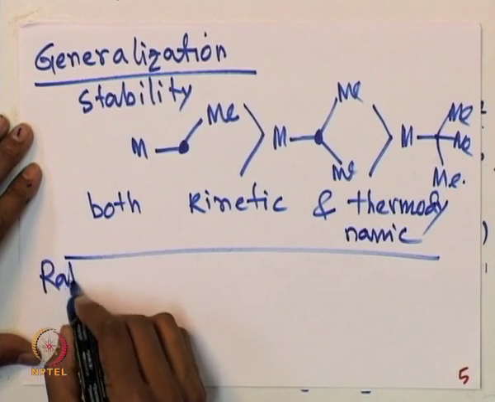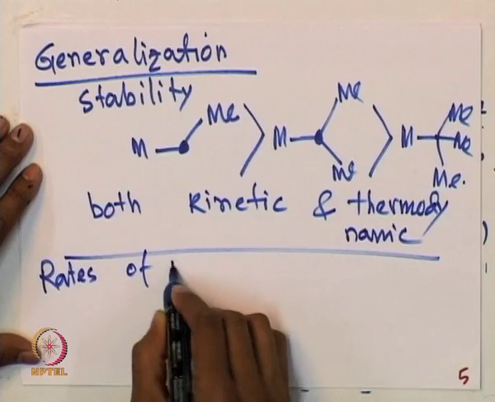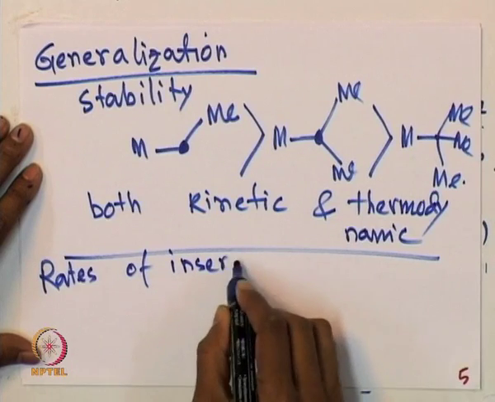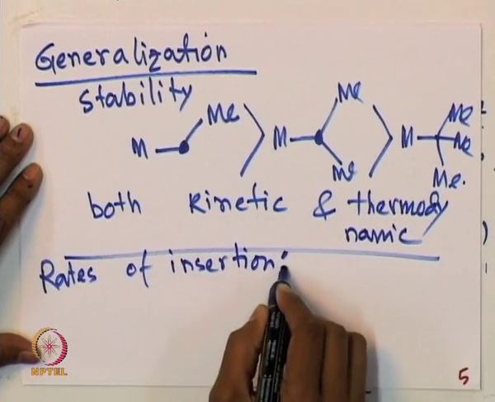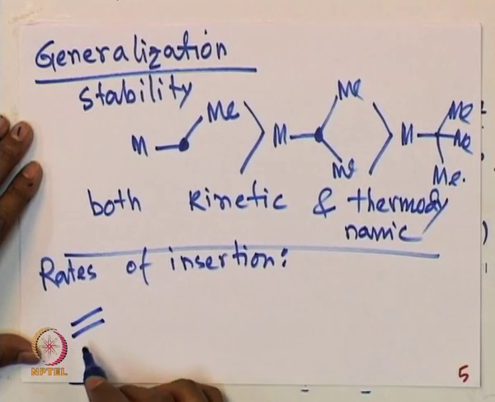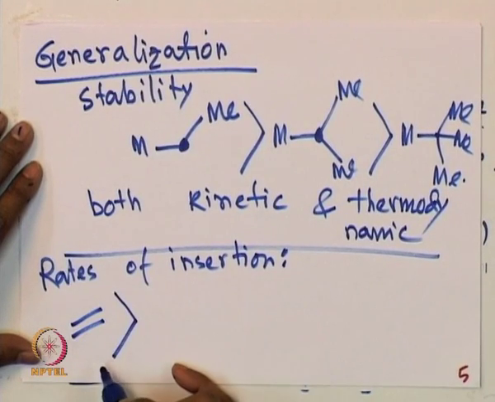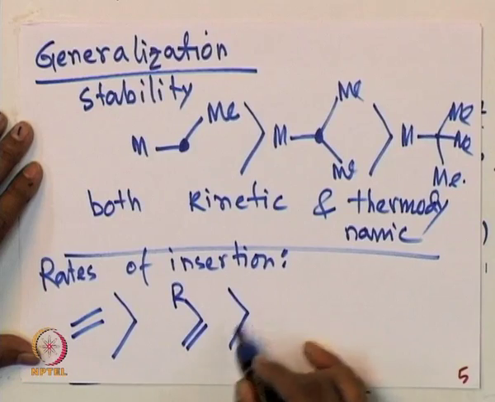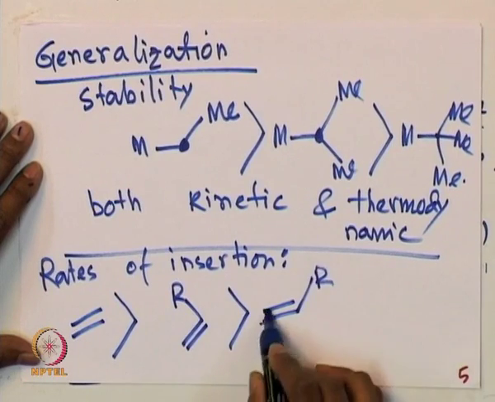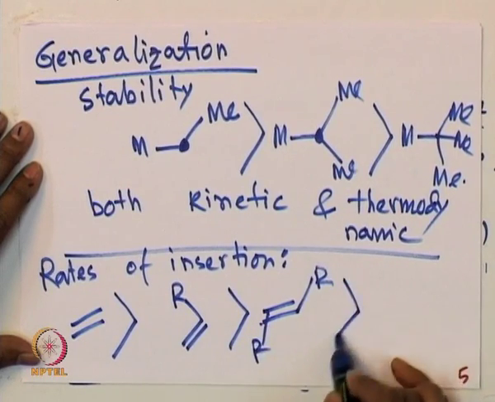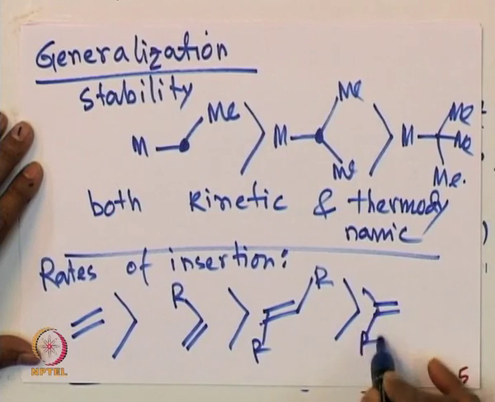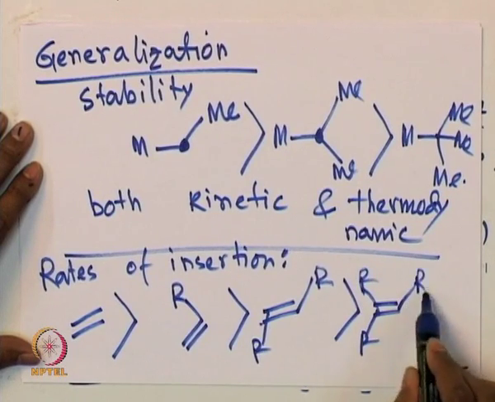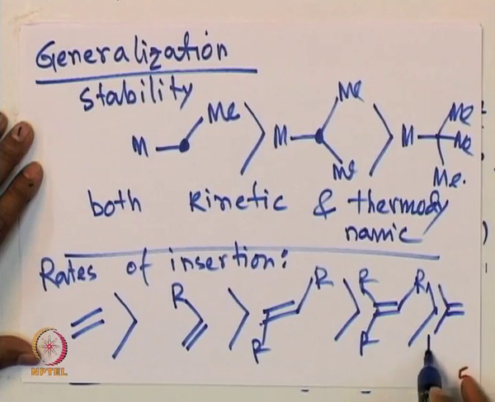Rates of insertion, if you see rates of insertion, of course, I think it is a no brainer. You would understand that the unsubstituted one is more stable, or the faster one, and then the mono substituted one, then the di substituted one, then the tri substituted one, and finally the tetra substituted one, due to the steric repulsion.